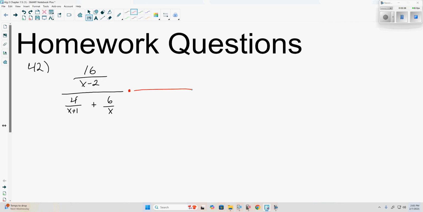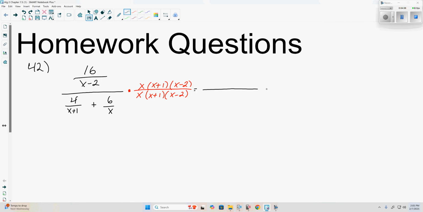One of our terms is going to be, well, just x. Then we'll have exactly x plus 1 and x minus 2. This one indeed does have 3 different terms for the least common denominator. So that's because each of the denominators are something different.